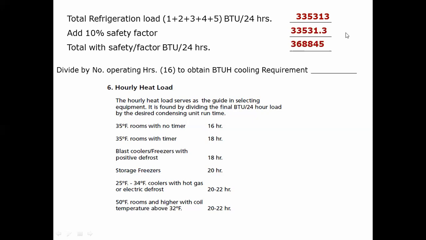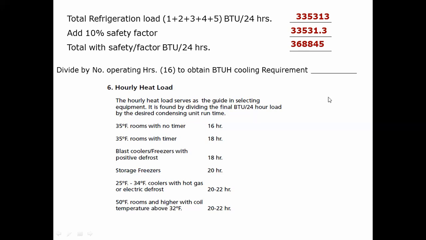And the last thing that you have to keep in mind is the hourly heat load. The hourly heat load serves as the guide in selecting the equipment. It is found by dividing the final BTU per 24-hour load by the desired condensing unit runtime.